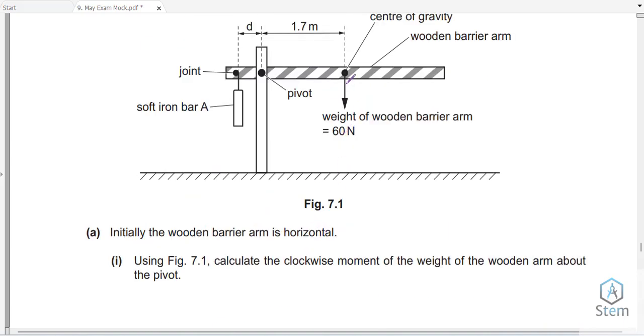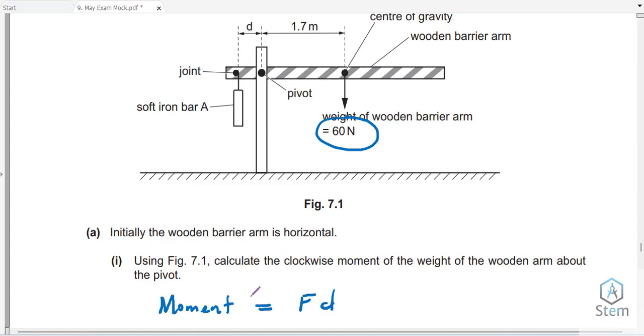The clockwise moment is due to this force alone. That is the only force responsible for clockwise moments. So we are going to use the formula moment equal to force times distance.